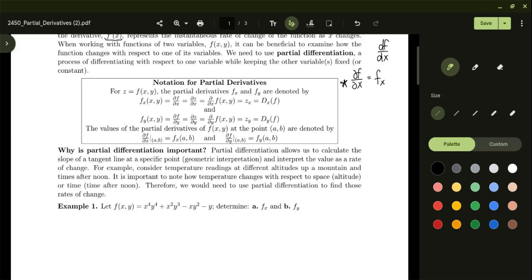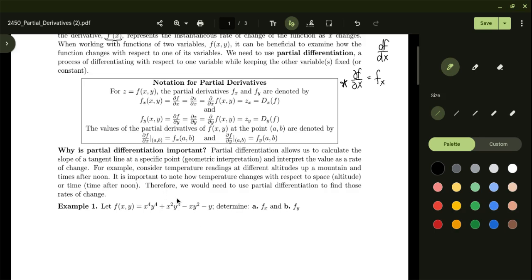if we had a function that showed temperature readings at different altitudes up a mountain and times after noon. In this case, our temperature is dependent on two different variables: the altitude at which we've collected that temperature reading and the time after noon that it was collected.